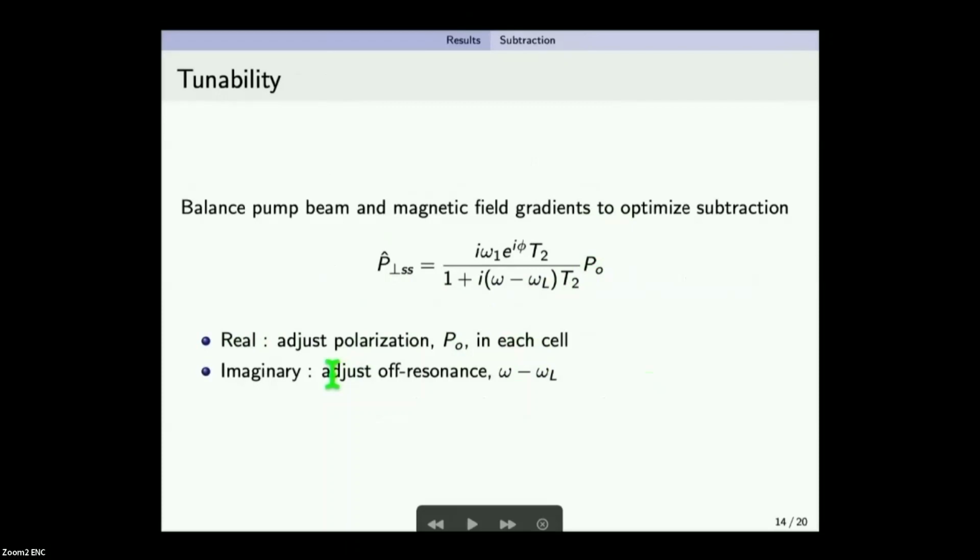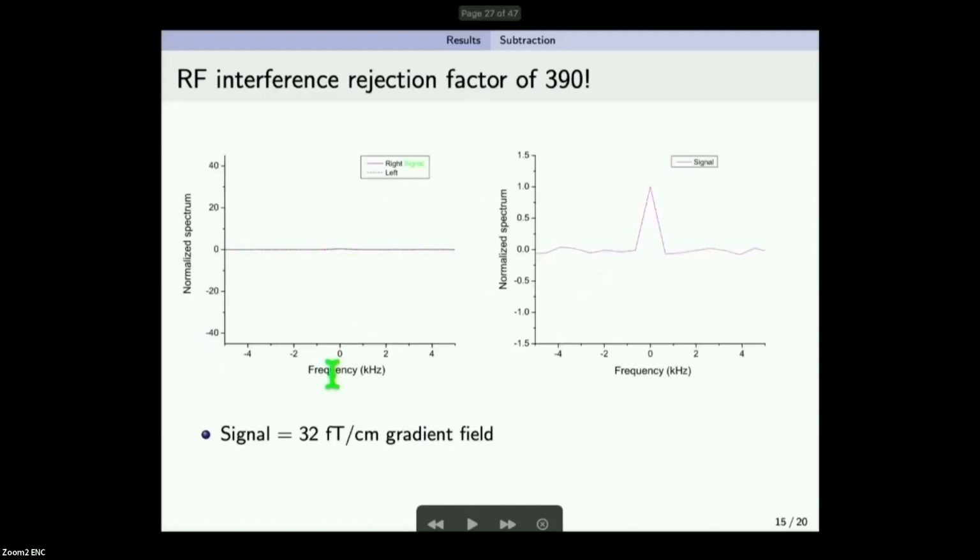Unfortunately, the sensors are different, so they don't have the exact same spin dynamics, so you have to degrade one sensor in order to match it with the other sensor. But you can still get really good results even with that non-optimal tuning in one sensor. So we're able to get a subtraction of a factor of 390, which is, I think, really good.